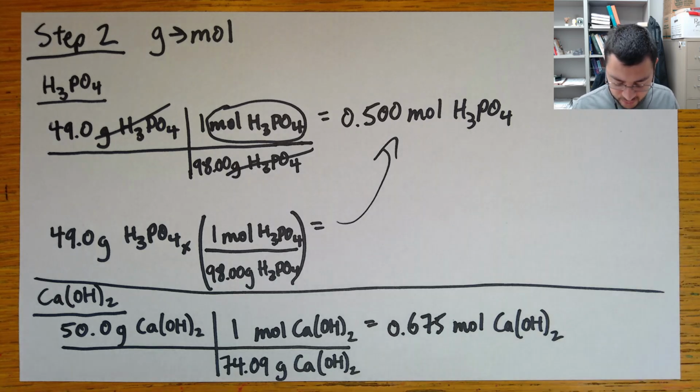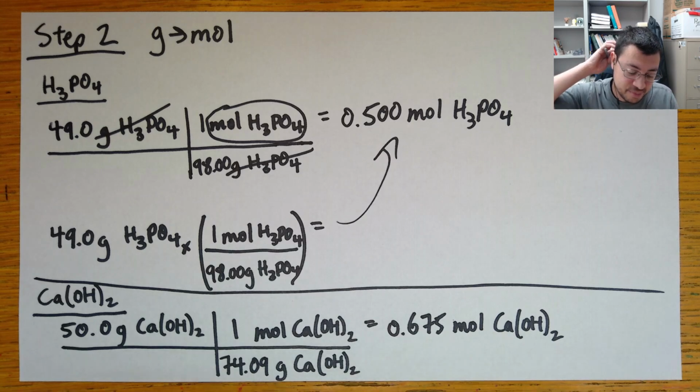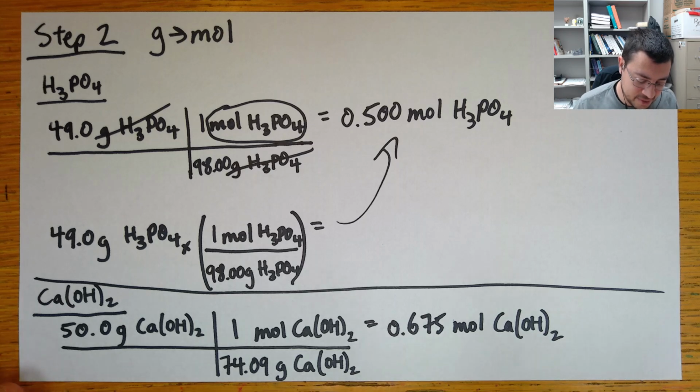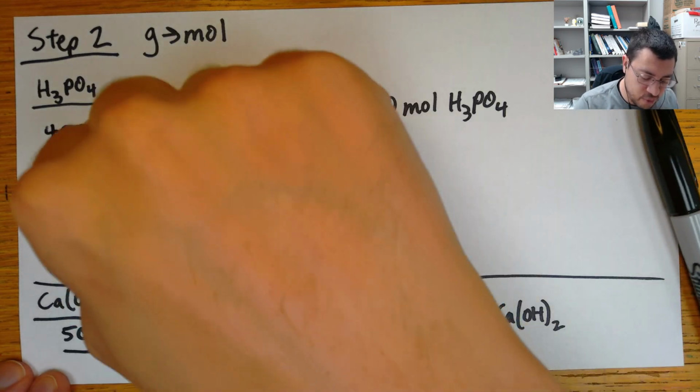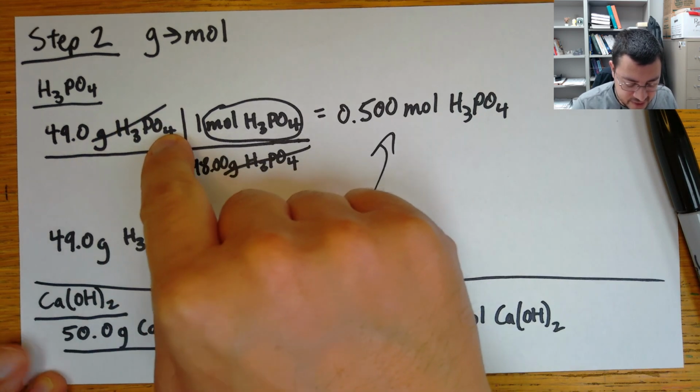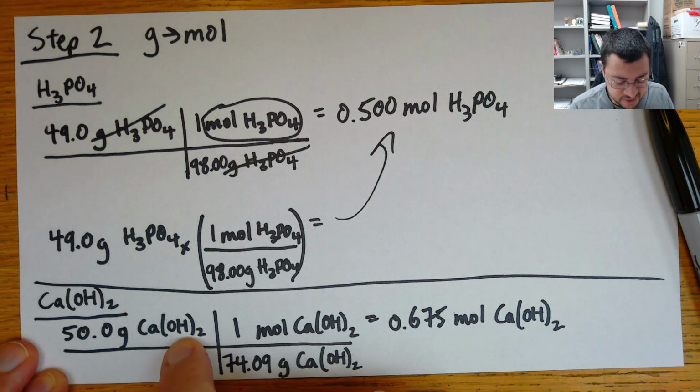At this point, I would advise you to not try to make a prediction of what is going to run out. I mean, maybe you'll be able to do it correctly, but I think there's a chance at this point of getting it wrong. For example, we started out with 49 grams of phosphoric acid. We started with 50 grams of calcium hydroxide.